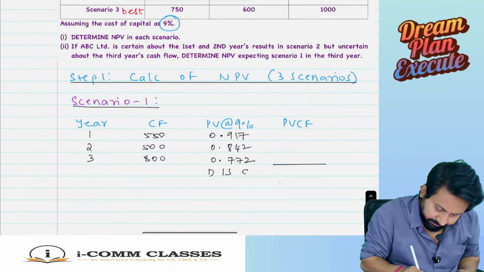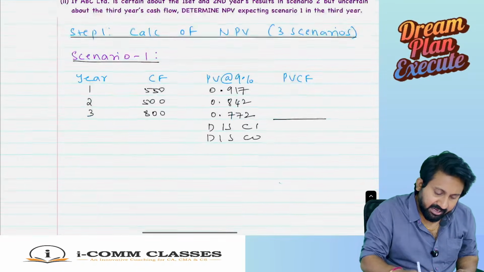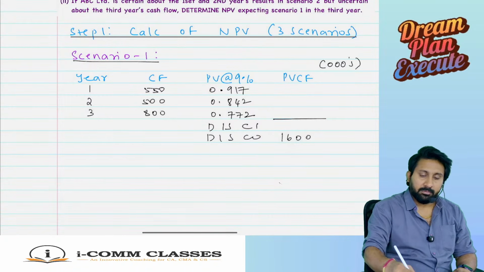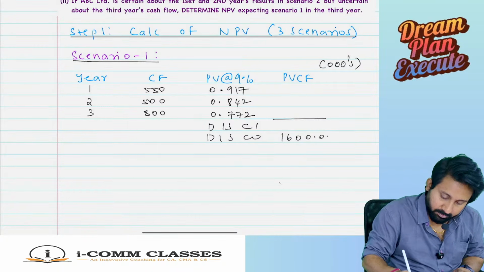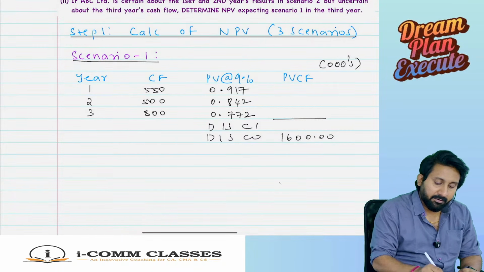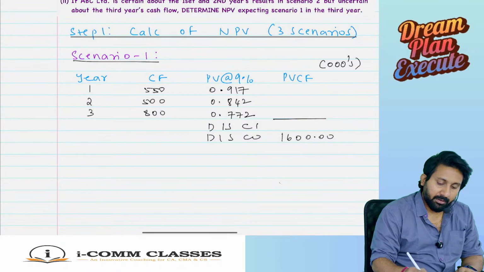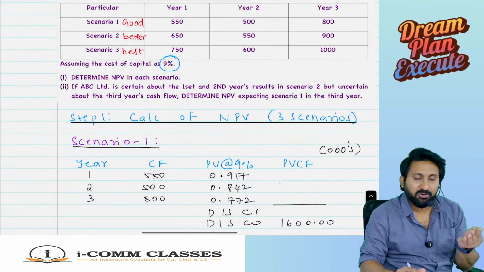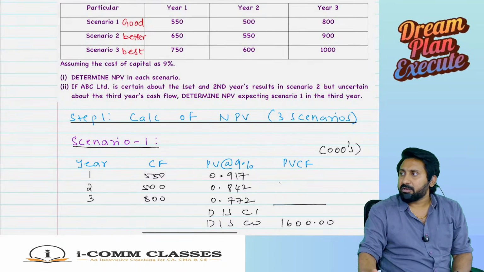Directly tell me the discounted cash outflow. Cash outflow is already given as 16 lakh, write it as 1600 because we are writing all these in thousands. So remember, 550 into 0.917 M plus 500 into 0.842 M plus 800 into 0.772 M. You know how to use M plus. At this moment you should not ask those questions, but still, tell me, what is the total?